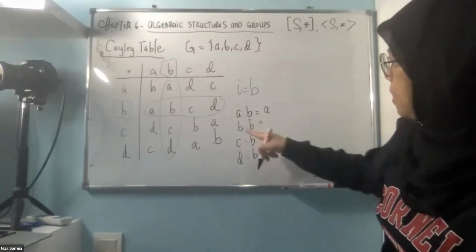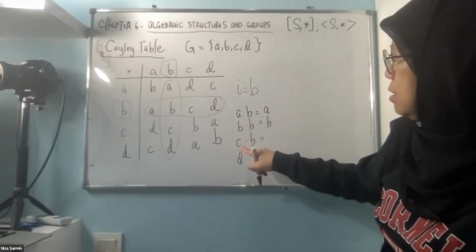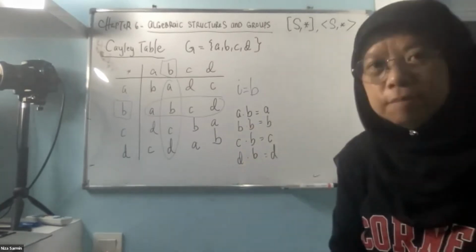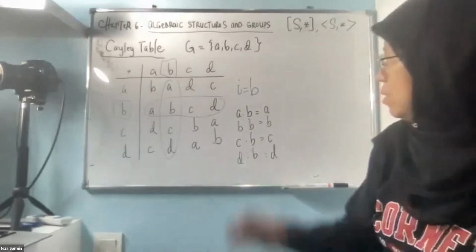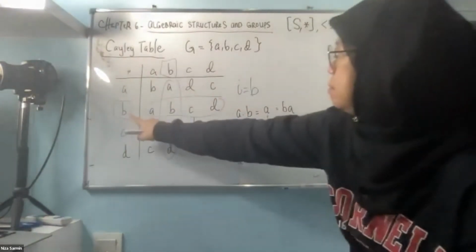This should be B, right? This should be C. This should be D. And the other way around. That's why we get another one, which is equal to BA.